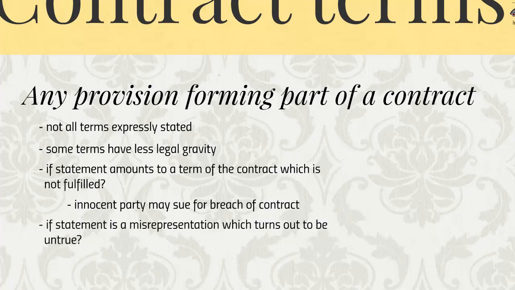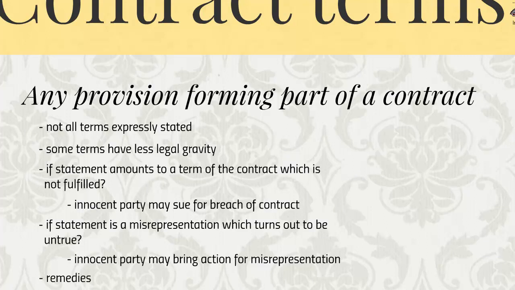But if in fact the statement isn't a term of the contract, but is instead a representation which turns out to be untrue, just like our alloy wheel example a moment ago, then instead the innocent party would bring action for misrepresentation. So we've got two different courses of action based upon whether it's a term of contract or representation, and in each course of action there is a different remedy.